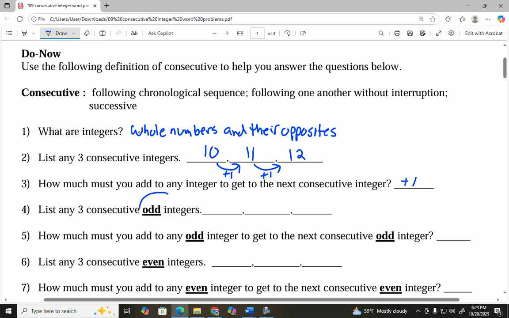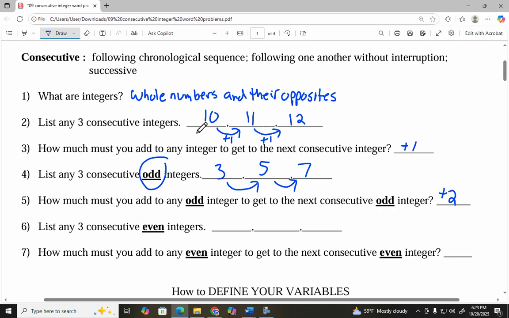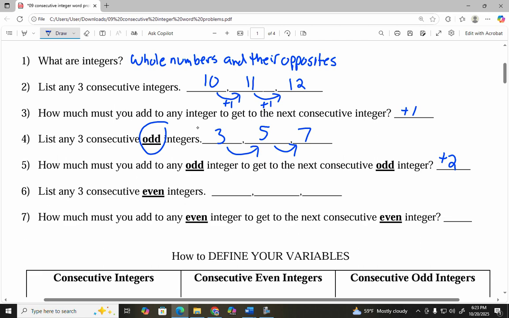Now let's talk about odd integers. Any 3 odd integers? Sure. 3, 5, 7. And how much do you add from one odd to the next? Yes, we do add on 2. Next, we're going to talk about consecutive even integers, things like 2, 4, 6.